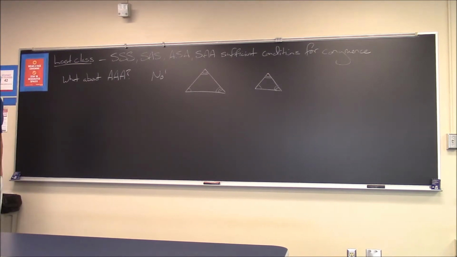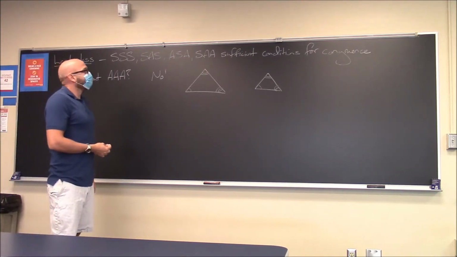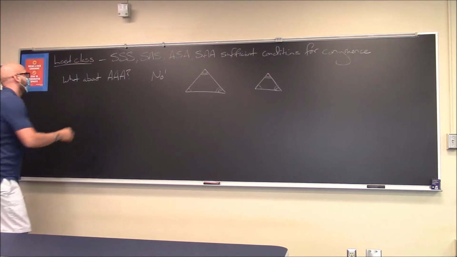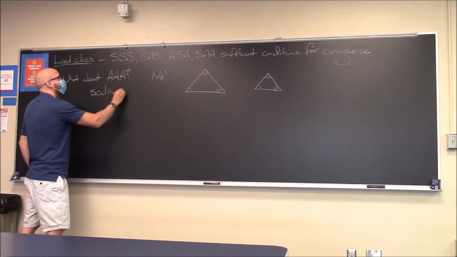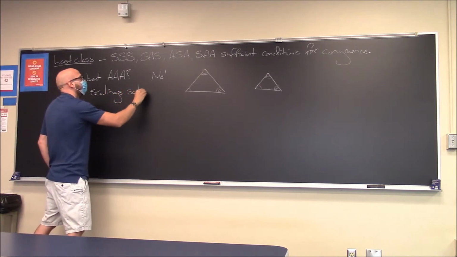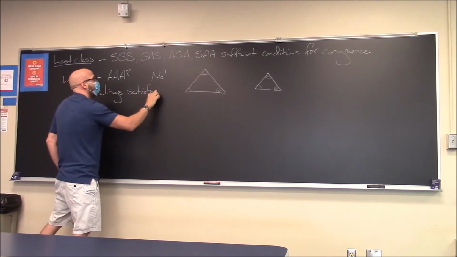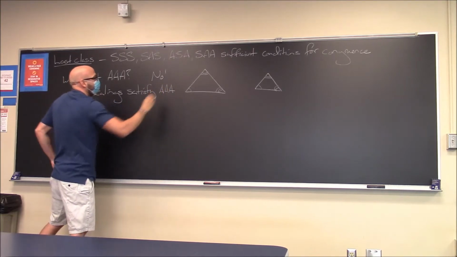AAA is satisfied here, but these aren't congruent triangles. They're what's called similar triangles, and we'll talk about that soon enough, but they're not congruent, so you can just rescale. Scalings satisfy AAA.